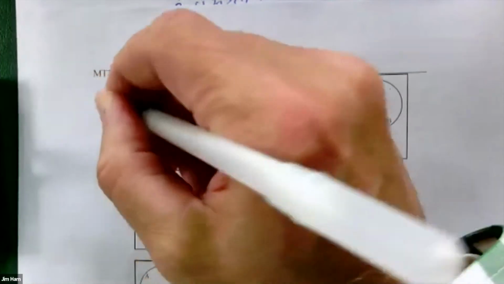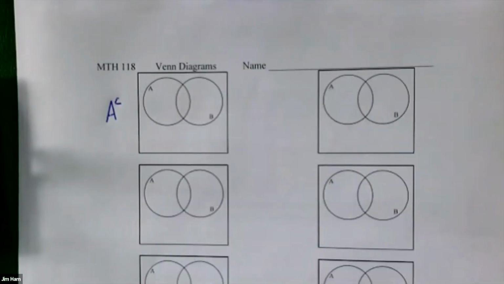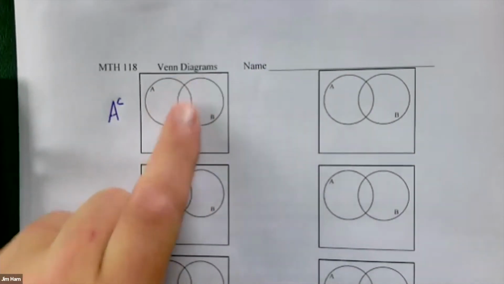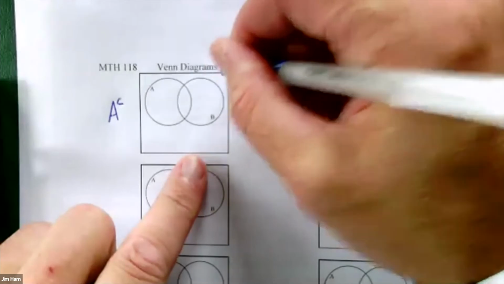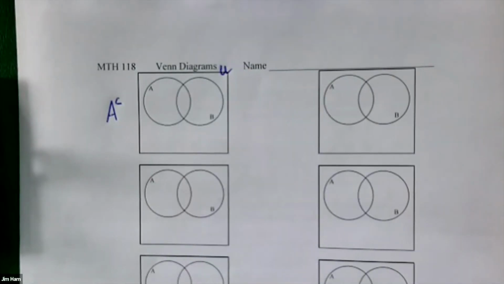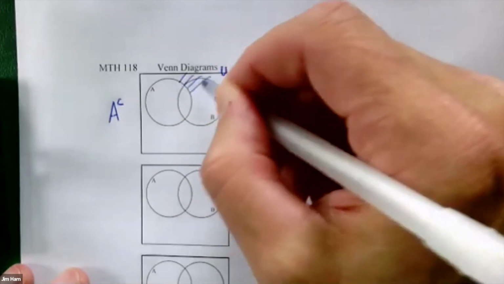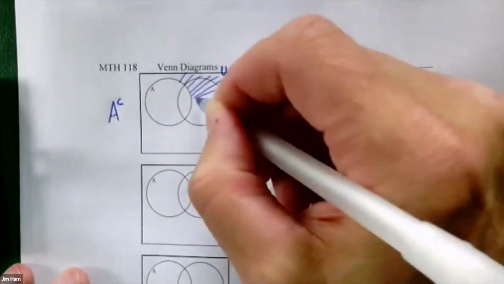So if we wanted to graph A complement, and here was set A, and here was set B, and then this whole thing is the universal set, I'll label it with a U. A complement means all of those elements that are outside of A. So as a graph, or as a shading, if we wanted to shade the Venn diagram, it would look something like this.